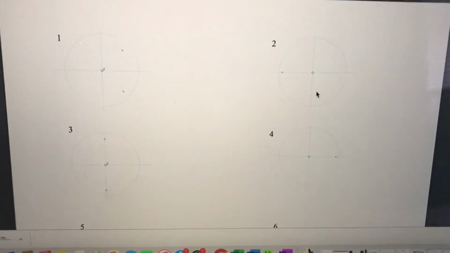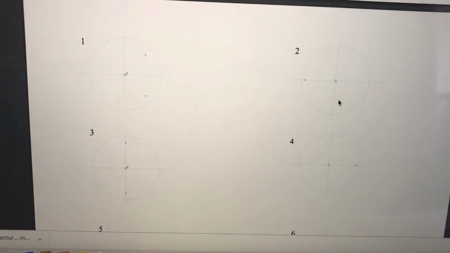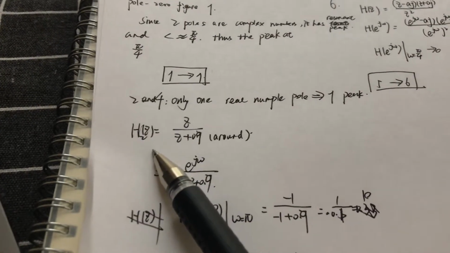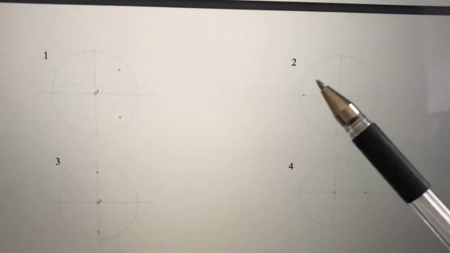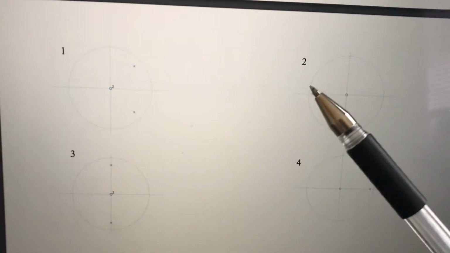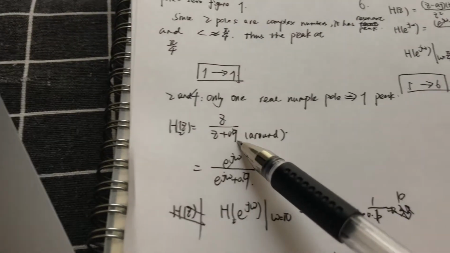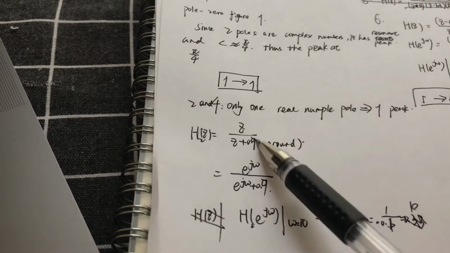So in this diagram, we could try to find the function. This is a real number, it's around minus 0.9. So I just tried. It's just a real number.